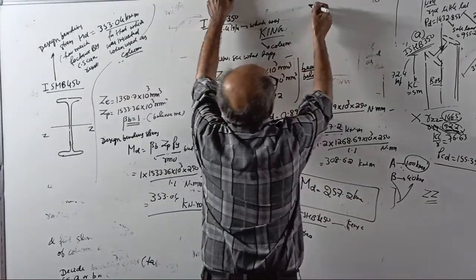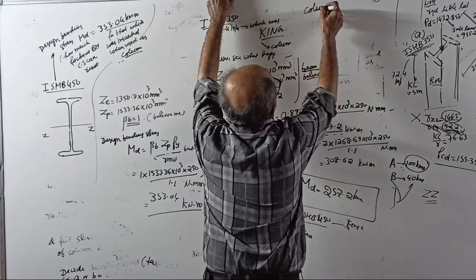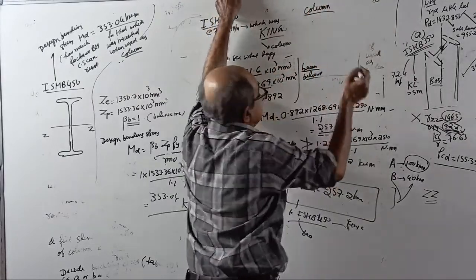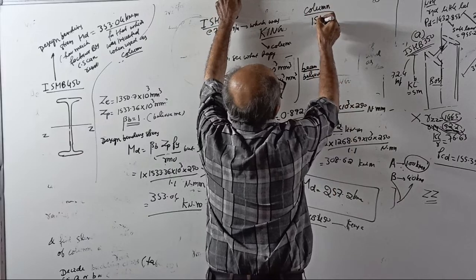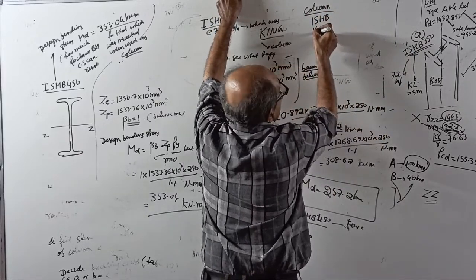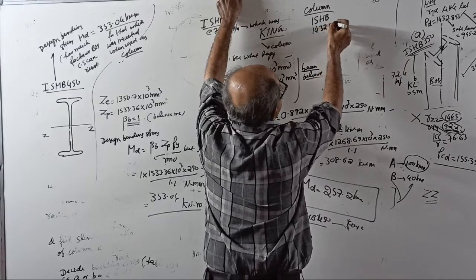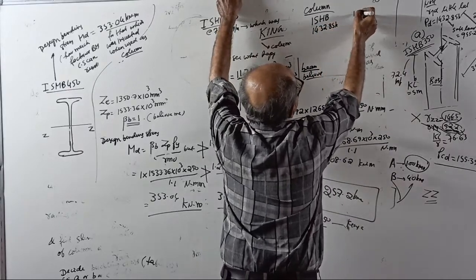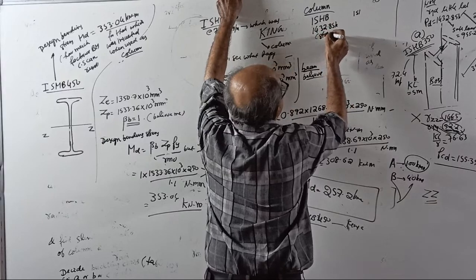When used as a column, both are the same section. Your ISHB has a strength of 1432.85 kilonewton, and this is very strong.